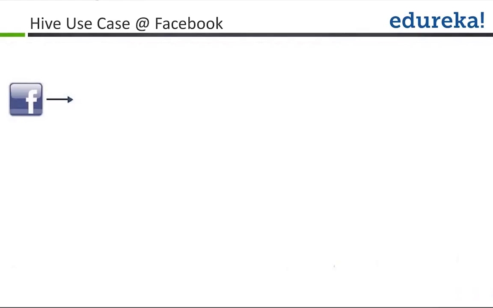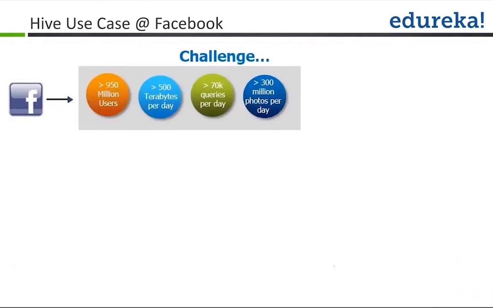they faced a couple of challenges. They had a huge user base which they were serving, terabytes of data per day, and a lot of SQL queries which they wanted to run on top of that, the analysis they wanted to do. Along with all this user activity data, they had a lot of unstructured data, like image data that people upload on the Facebook site.